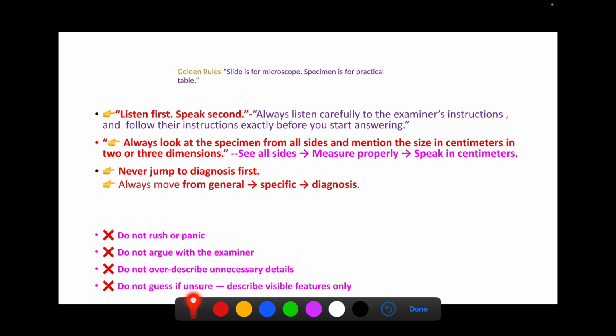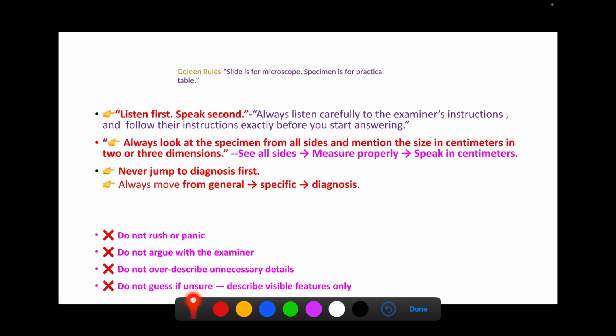It means always listen carefully to the examiner's instructions and follow them exactly before you start answering. Suppose the examiner asks you to describe any one specimen, then you choose the specimen you know very well among all the specimens present on the table.